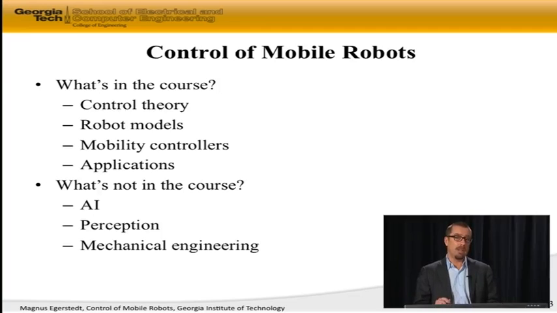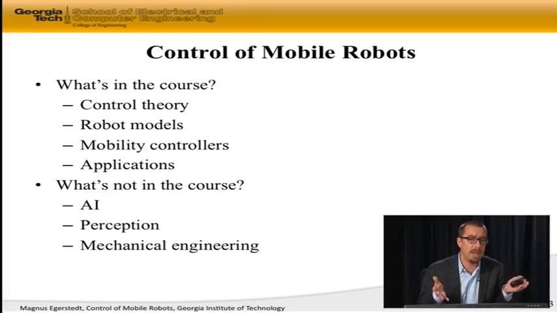I do want to say, though, that the course is not about artificial intelligence, which is the high-level planning, meaning what should the robots actually be doing? We're going to be dealing with the question of, well, they have already figured out what they should be doing. How should they be doing it? We're not going to deal much with perception, meaning how do we take computer vision data and actually turn it into something actable? Or how do we actually design perception algorithms?